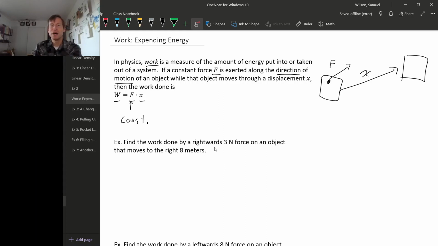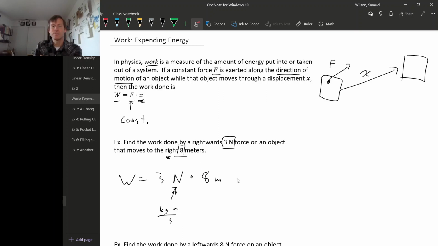Let's find the work done by a rightwards 3 Newton force on an object that moves to the right 8 meters. So the work is the force. The force and the displacement are in the same direction here, so they both count as positive. The force is 3 newtons, times the displacement, which is 8 meters.